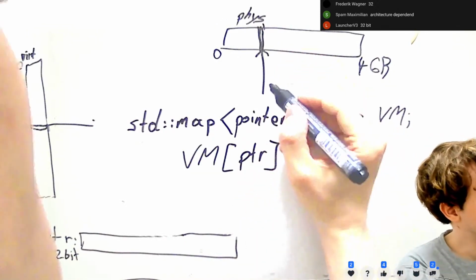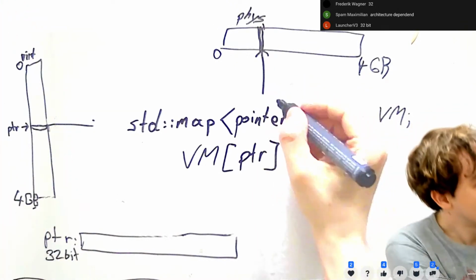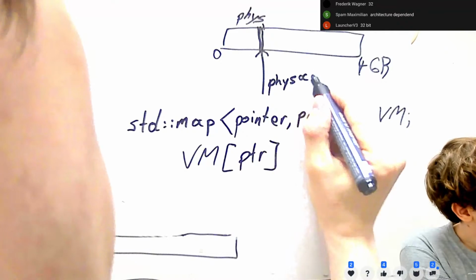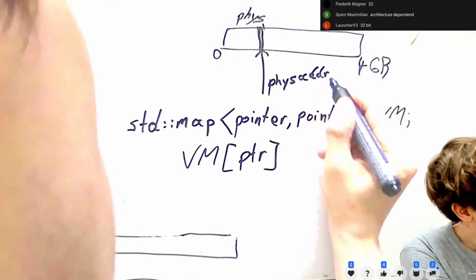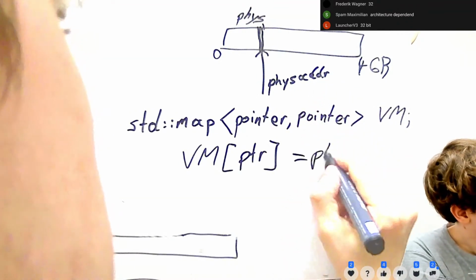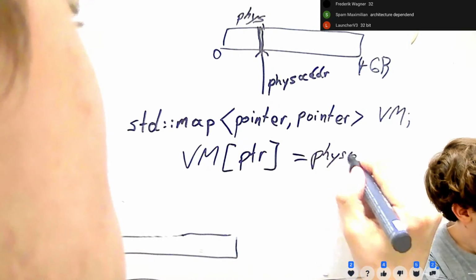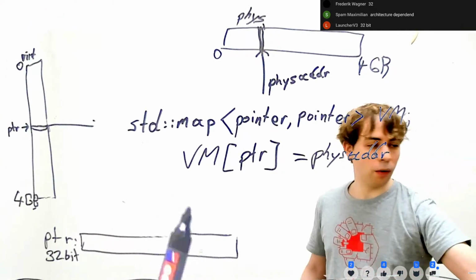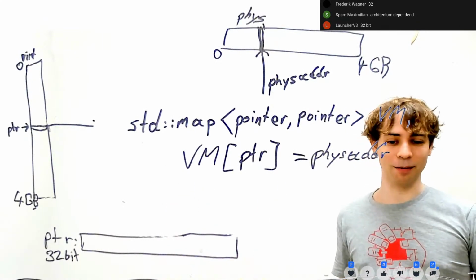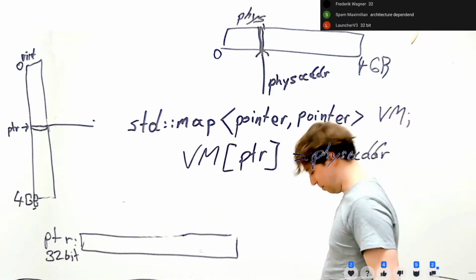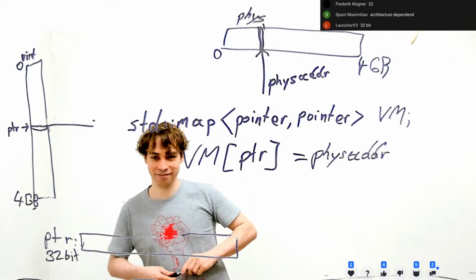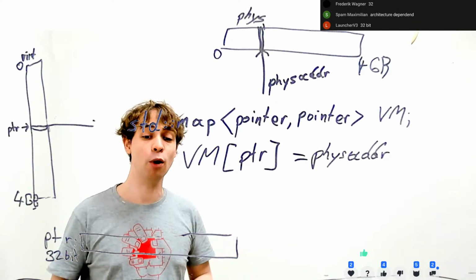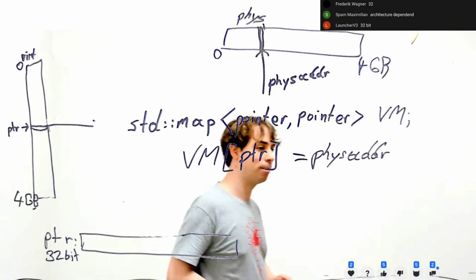And this would be, let's say, the physical address, equals physical address. Okay, so we just create a map like this. What is the size of the map? How much space do we need per entry of this map?